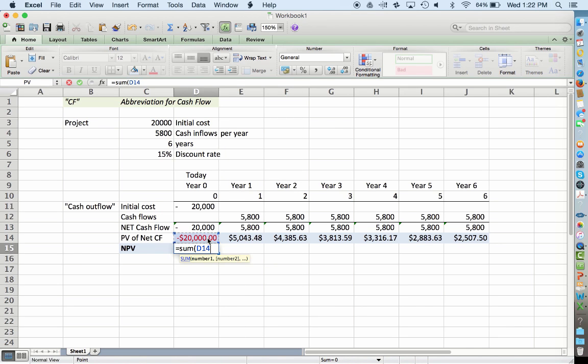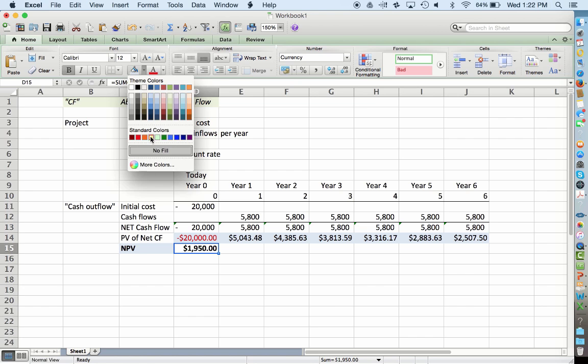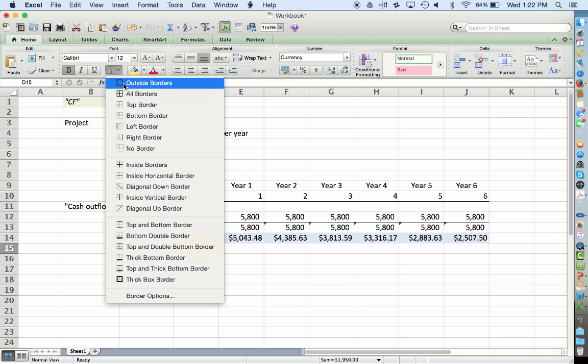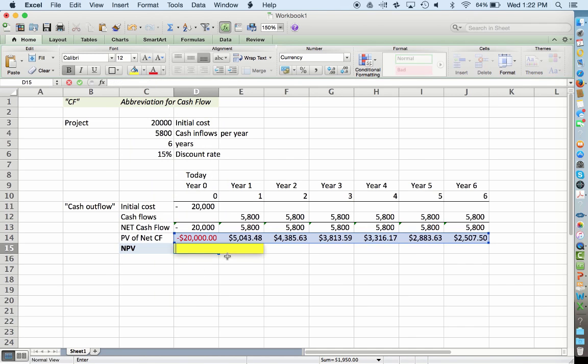And I sum from year 0 to the very last year. And I get 1950. That is my net present value. Yep. Equals sum. And I go from the value in year 0 all the way to the value in year 6.